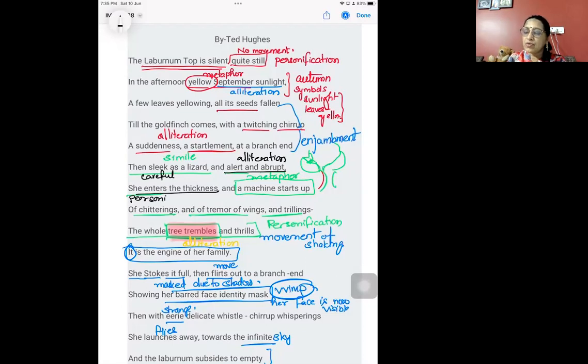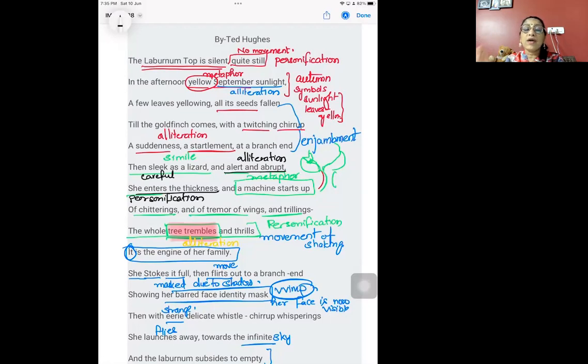Again it is personification. And the machine starts up. यहाँ पर machine क्या है? The machine is the voice of the goldfinch and its family. A machine starts up of chittering, tremor of wings and trillings. मतलब तरह तरह की आवाज आ रही है, चहचहाट हो रही है, पंख फड़फड़ा रहे हैं, आवाजें आ रही हैं वहां से.